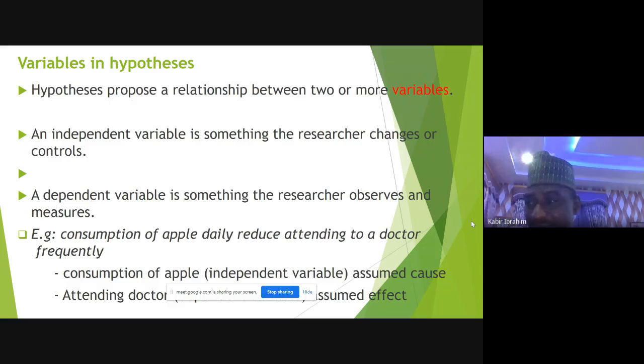So going to the doctor every day is now reduced, because maybe the status of my health has changed. So it means that the independent variable, or the cause, consumption of apple, is the cause, while attending the doctor is the assumed effect.